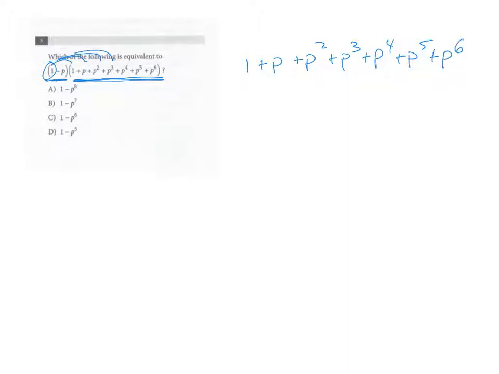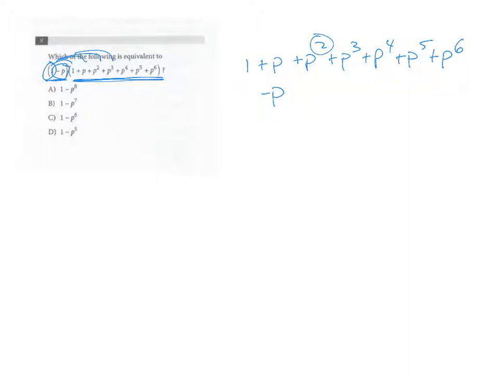Okay? Now I'm going to multiply this negative p times everything in here, and I'm going to line everything up so that the exponents match. Negative p times 1 is negative p. So all these things are going to be negative.